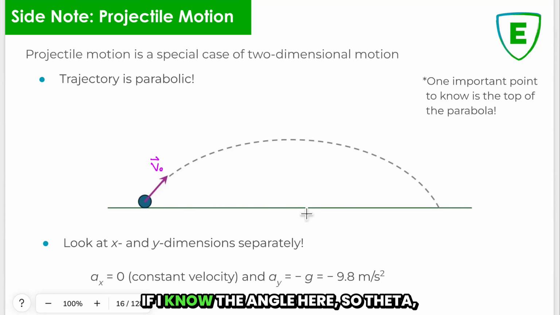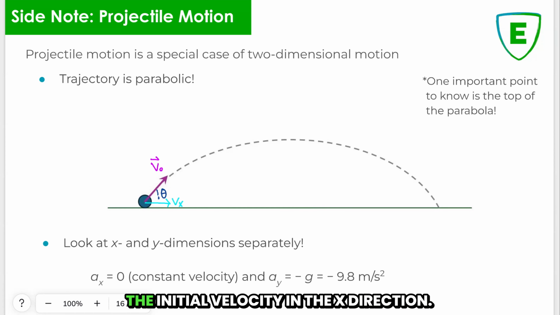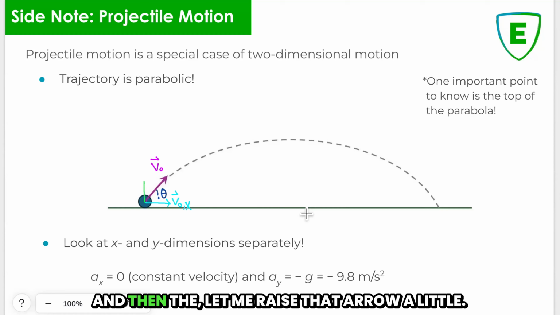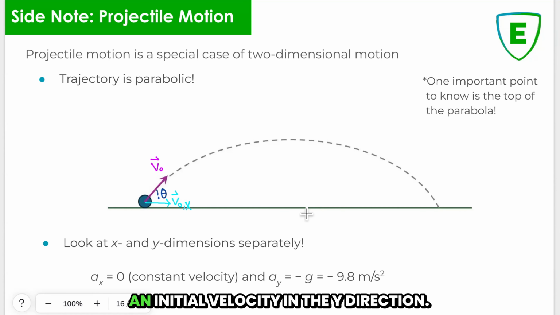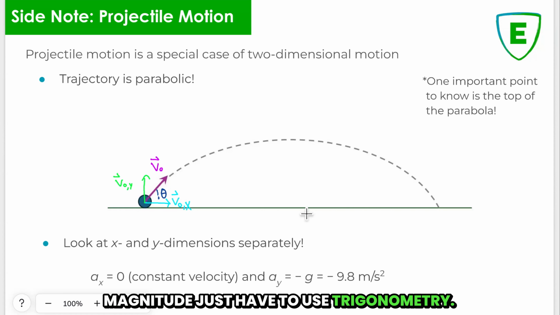If I know the angle, theta, I can break this up into two components: the initial velocity in the x direction, and an initial velocity in the y direction. So two different components. To figure out the magnitude, I just have to use trigonometry.